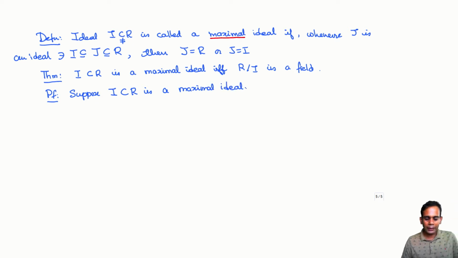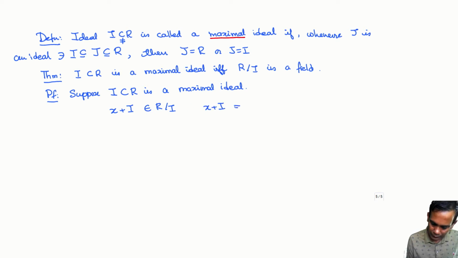Now I want to show that any non-zero element of R mod I has a multiplicative inverse in R mod I. So let's take an element x plus I in R mod I. So x plus I is not equal to 0 in R mod I means that x does not belong to I. Right? So it's an if and only if.